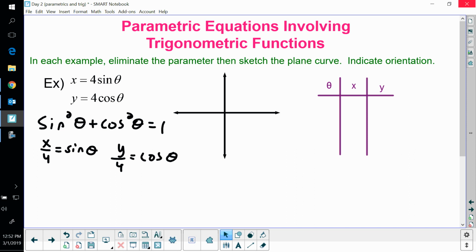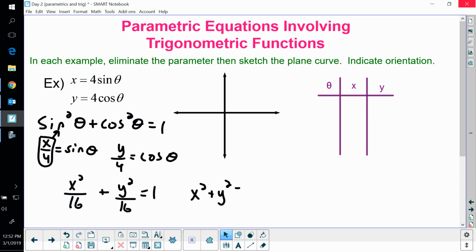So when we sub them in, the x over 4 can be subbed in for sine, giving us x squared over 16. Same idea for the y over 4 with the cos, giving us plus y squared over 16 equals 1. And if you multiplied the 16 over, that's just x squared plus y squared equals 16. So hopefully that is familiar to you as a circle.